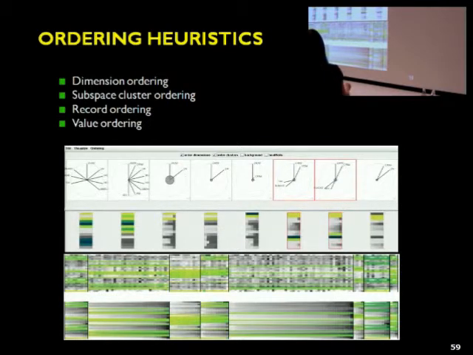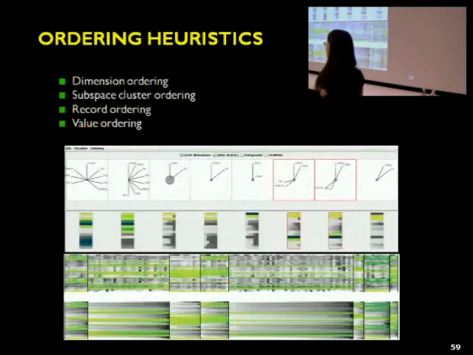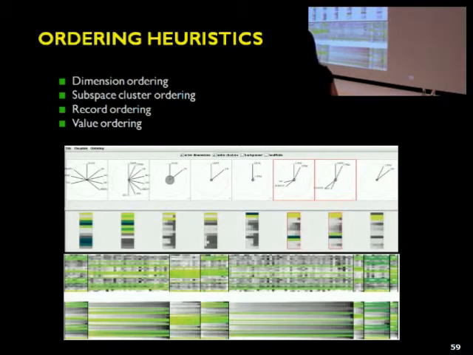This one may not tell you so much, but this one already gives you some information. For example, in this visualization, you can see most of the unselected dimensions in individual subspaces have quite a wide range of data values. Maybe this explains why this attribute is not selected to specify this cluster. This kind of information is useful to analysts to help them understand the result and why this is the result.